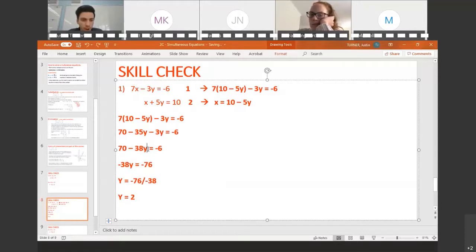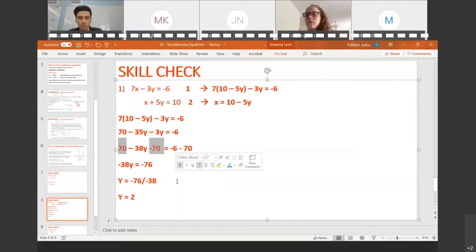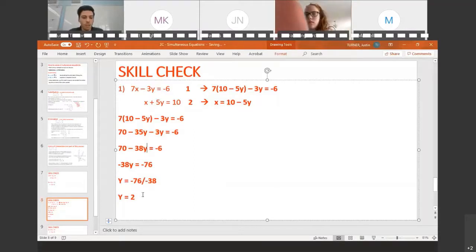So you can imagine if I do a minus 70 there and a minus 70 on that side, this positive 70 and this minus 70 sort of cancel out. I'm subtracting 70 from either side of the equation.